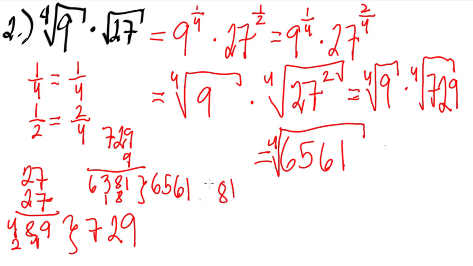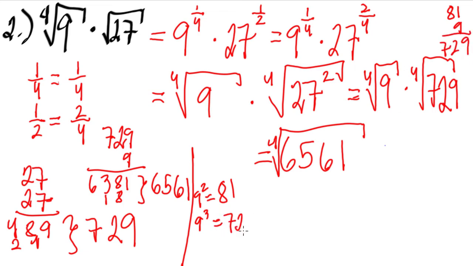Let's try to verify. 9 cubed is 81 times 9, which gives us 729. But how about 9 to the fourth? So 9 to the fourth is 729 times 9. So that's going to give us 7 times 9.